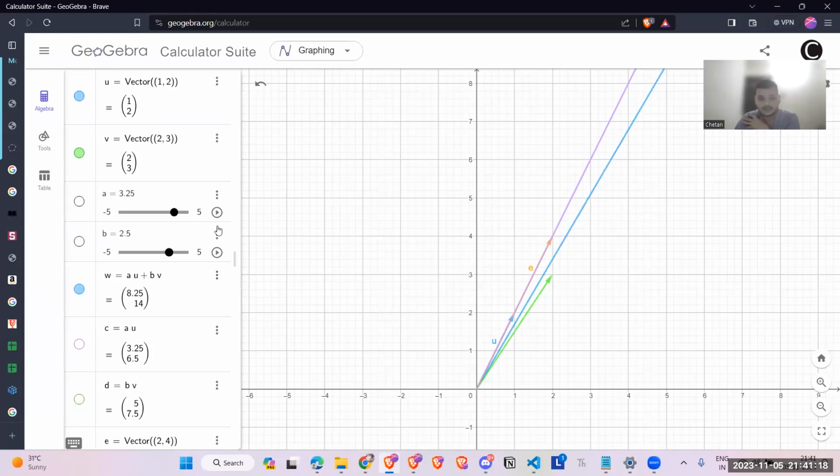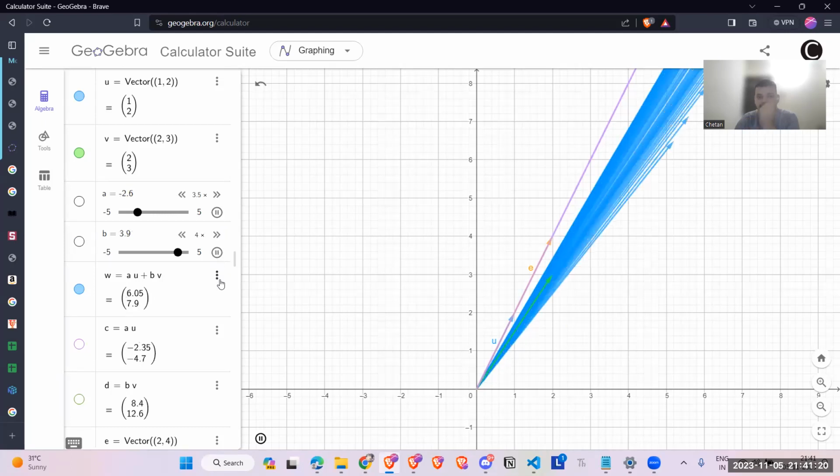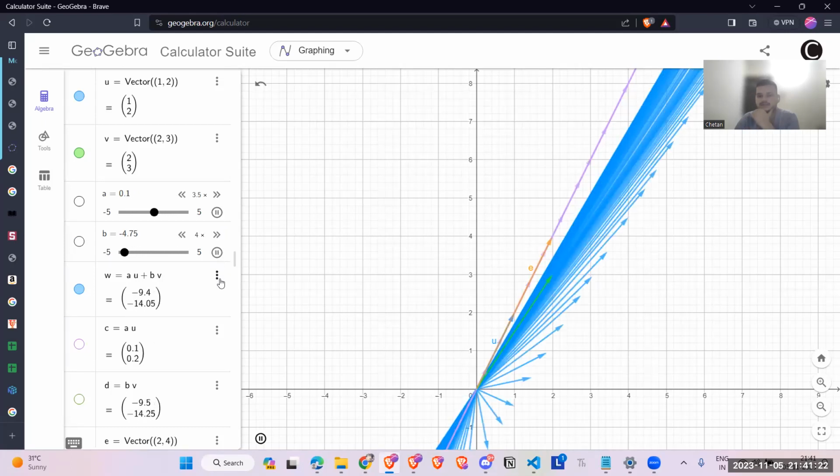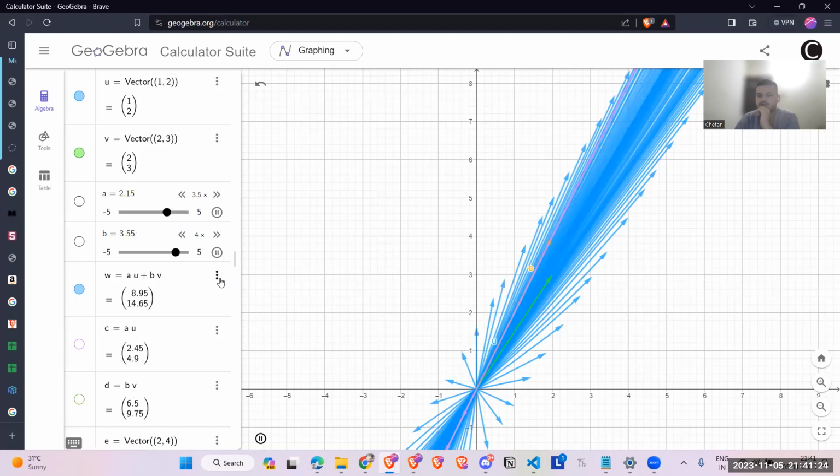Let me vary this. You see that we are getting a plane because they are linearly independent. You can think of them as two separate people, two separate entities, who contribute in two different things.